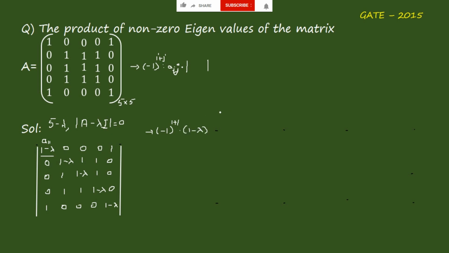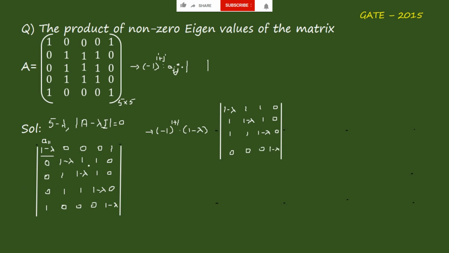Do not consider the row and column of this term, so consider only the other terms. We get 1 minus lambda, 1, 1, 0; 1, 1 minus lambda, 1, 0; 1, 1, 1 minus lambda, 0; and 0, 0, 0, 1 minus lambda.